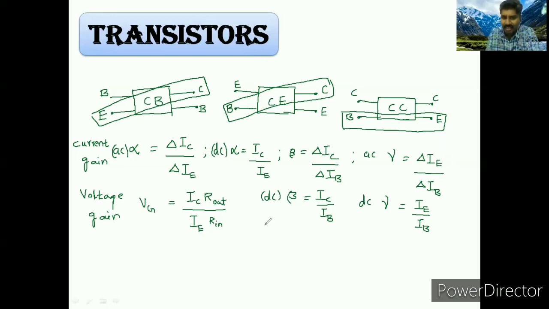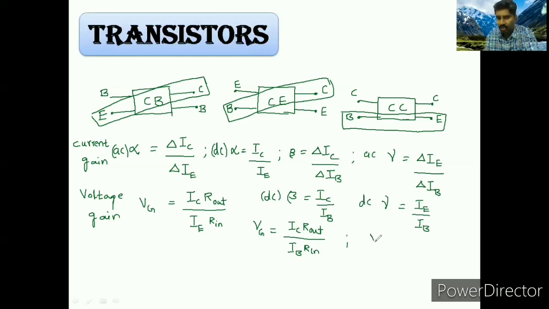For voltage gain, here also we can write Av is equal to IC R output by IB R input resistance.